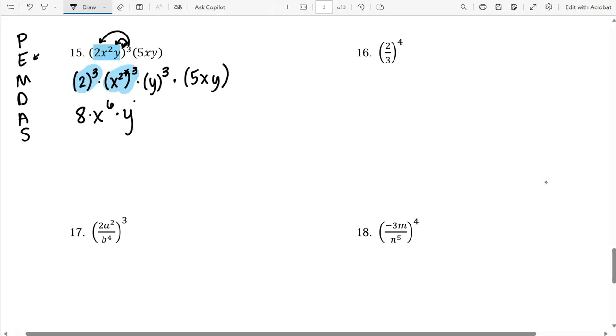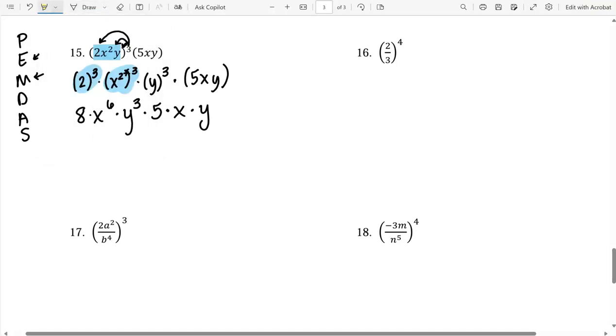Then I still have a y cubed being multiplied by a 5, an x, and a y. Once I've sent that exponent in and simplified it, now I'm going to come back and multiply all the different bases, combining them as I go.